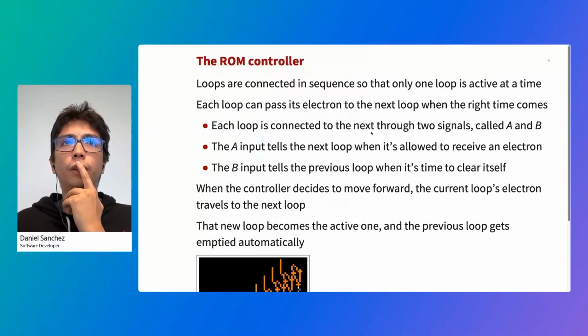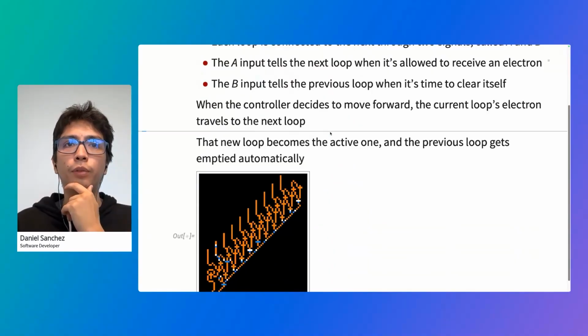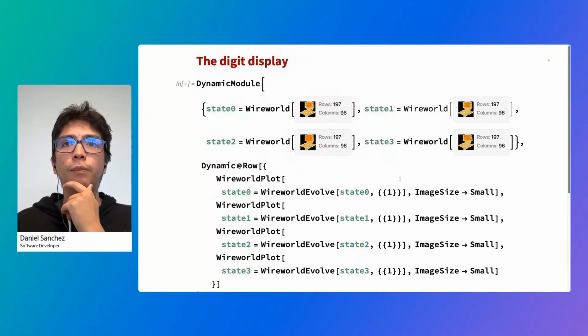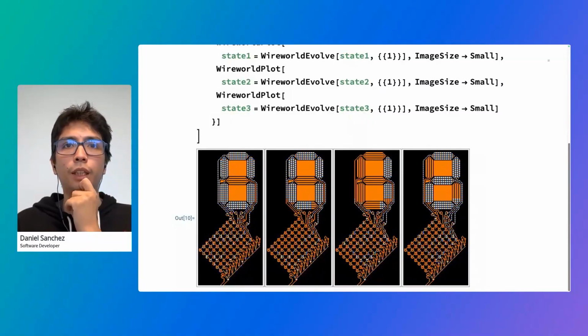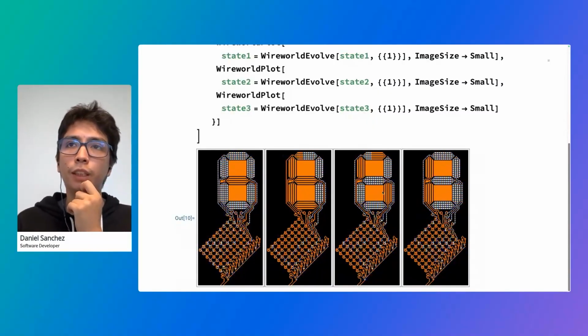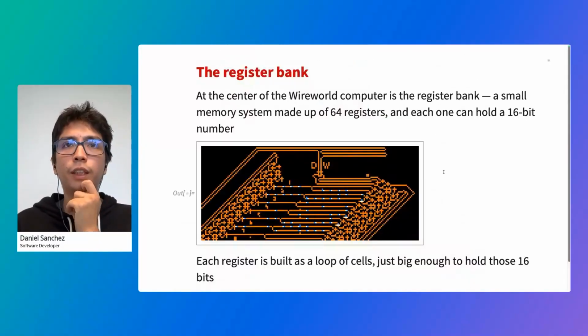I don't have much time, so I won't finish this. Let's see some examples. This is 0, and when I send a 1 at the right time, you will see that after some generations, it becomes a 1. Same here, it was a 1 and it becomes a 2. This was a 2 and becomes a 3.